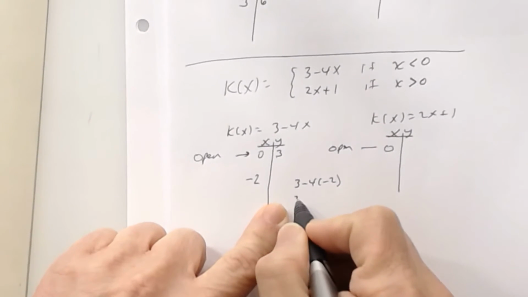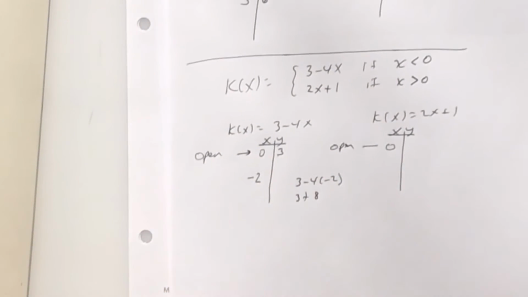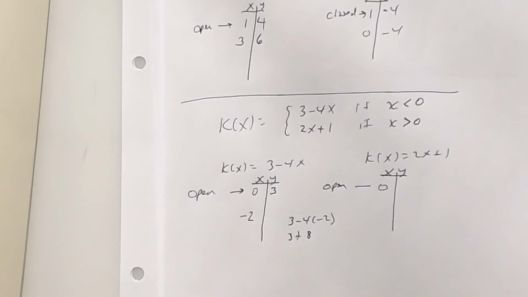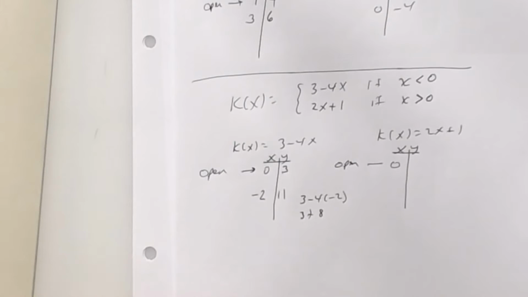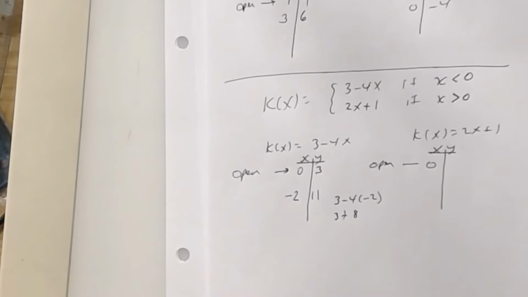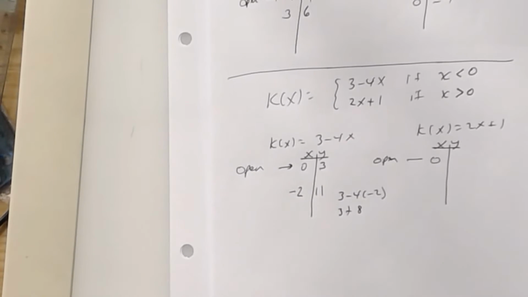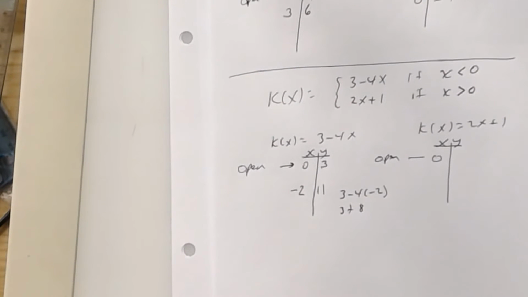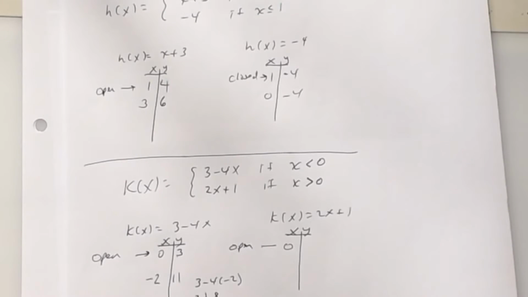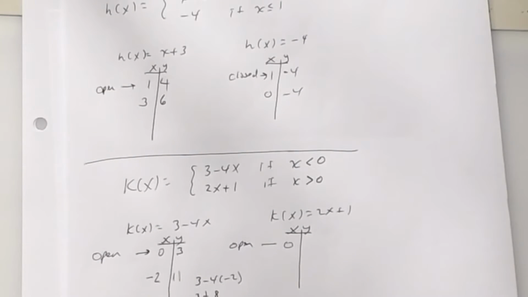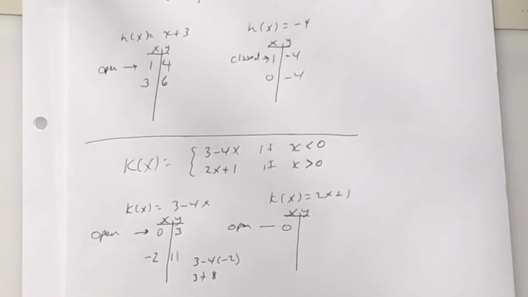Positive 8, and so what's 3 plus 8? 11, right? So negative 2, 11. Okay, so then I'm going to plot the point negative 2, 11.